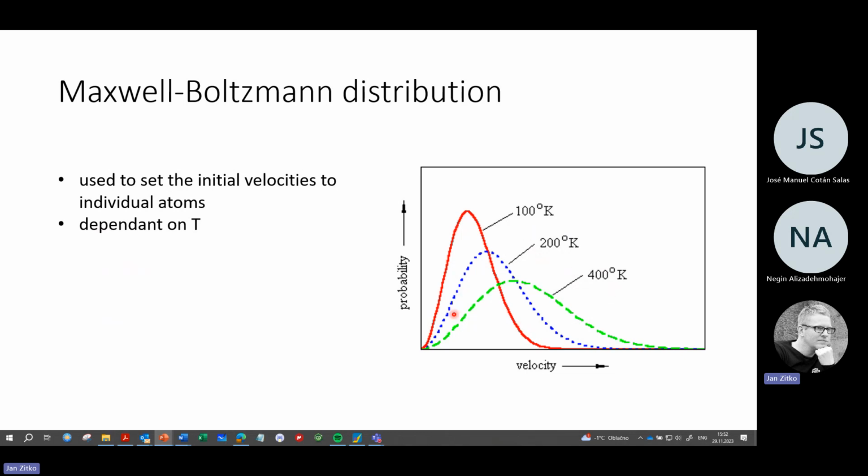If you increase the temperature, of course, the average velocity, the velocity which most particles have, is shifting to the right. And the other effect is that the distribution is being broadened. So this is how you attach the initial velocities.